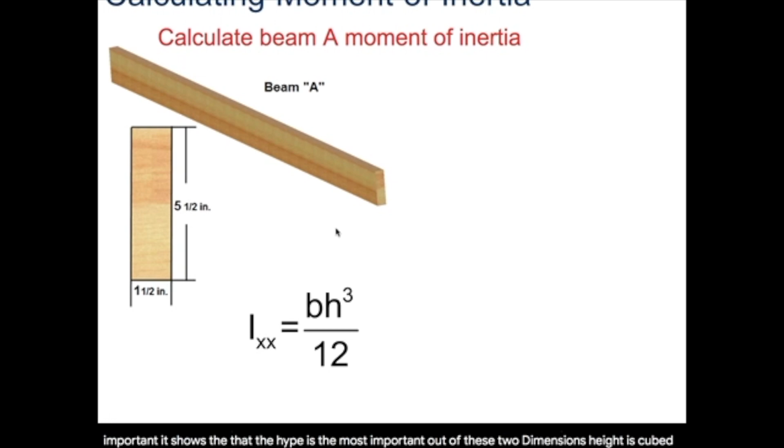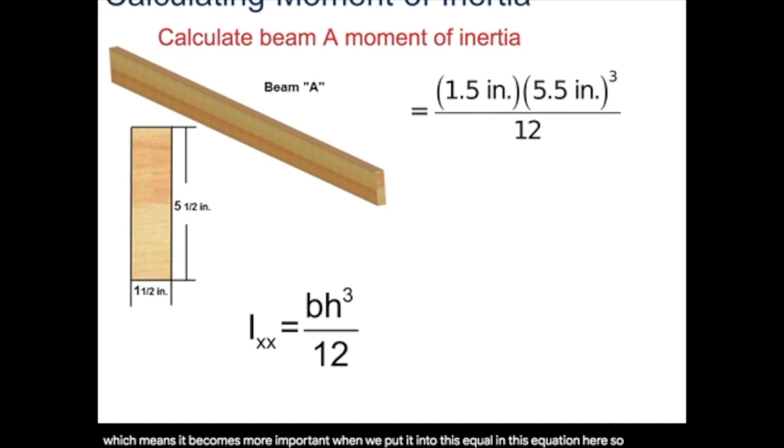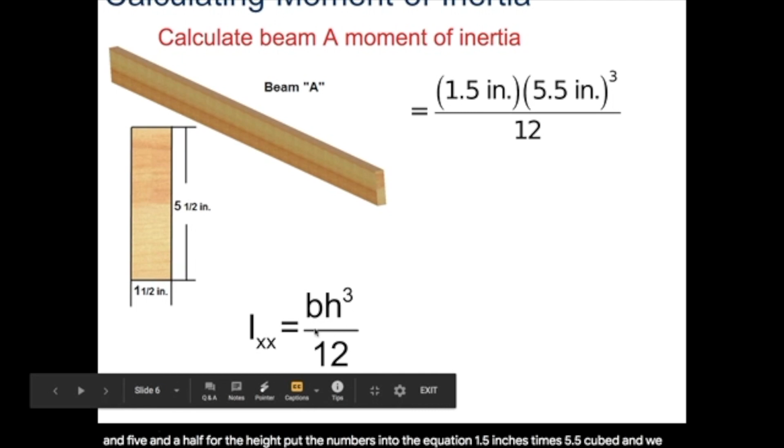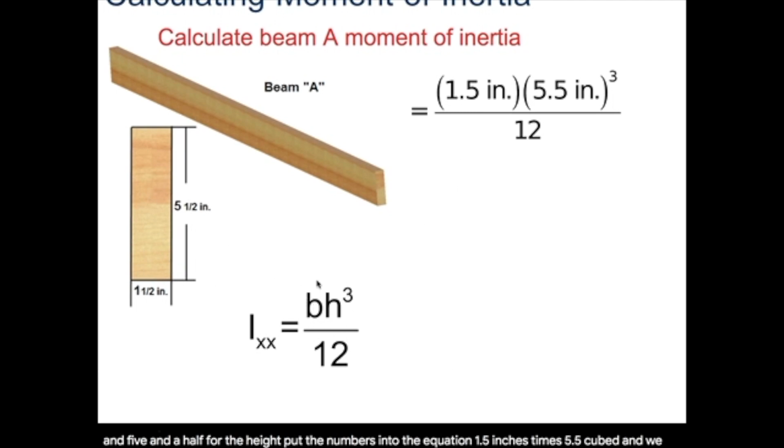So calculating the moment of inertia of a beam, if we have 1.5 for the base and 5.5 for the height, put the numbers into the equation: 1.5 inches times 5.5 cubed, and we always divide by 12. That's putting these numbers into this equation. We can do the calculations.